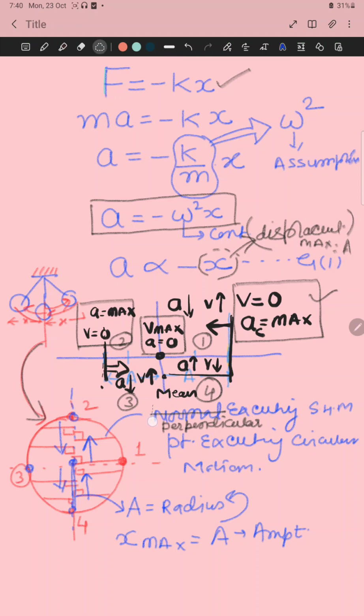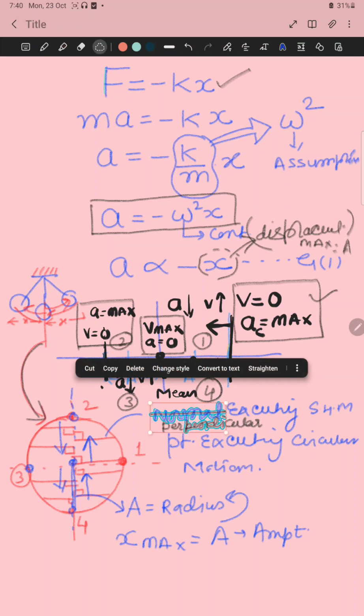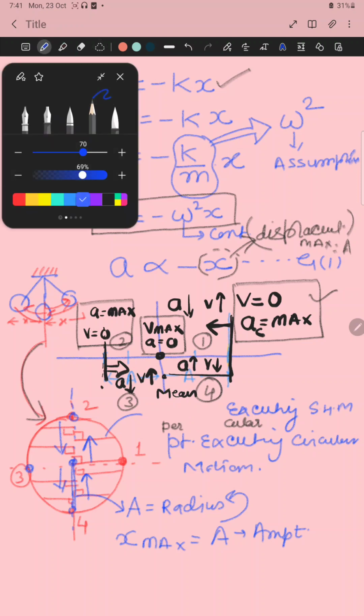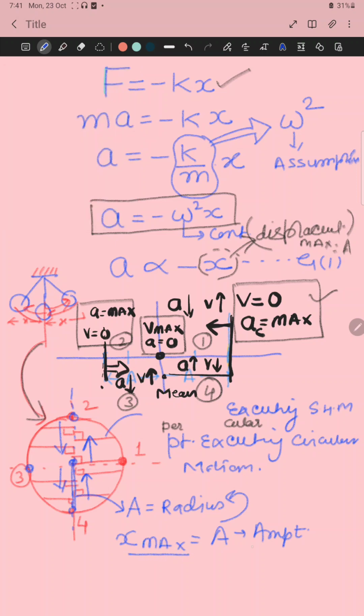Let me remove it; perpendicular should be the correct term. Fine. And then what we have seen, the circle, the radius and the maximum displacement is called A, and A is called amplitude, or we can say radius of the given circle. So this is all about this given case.